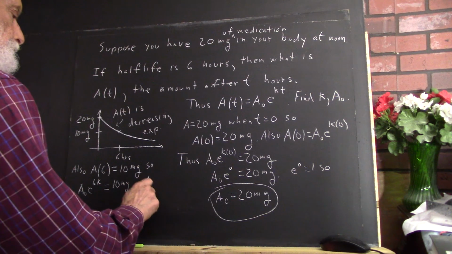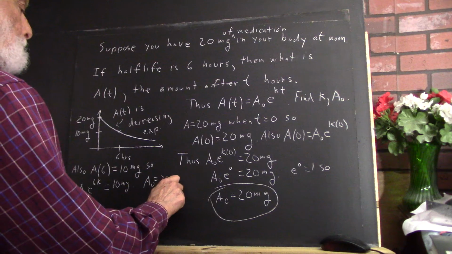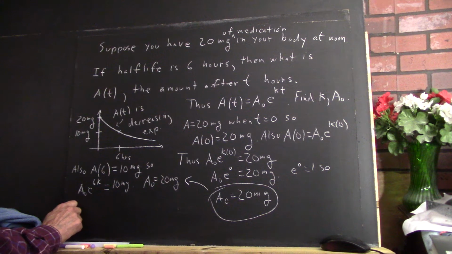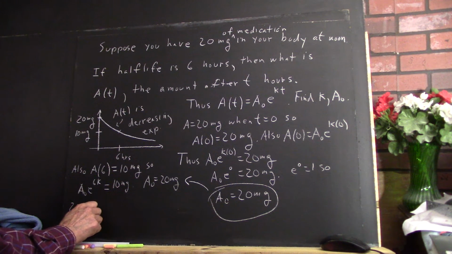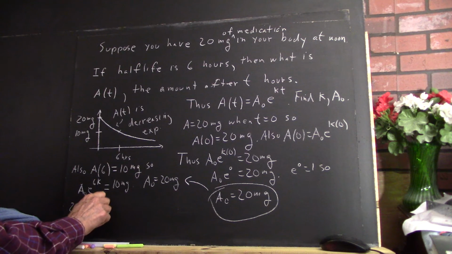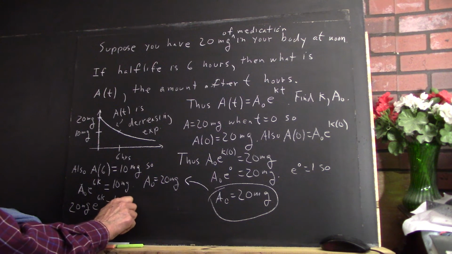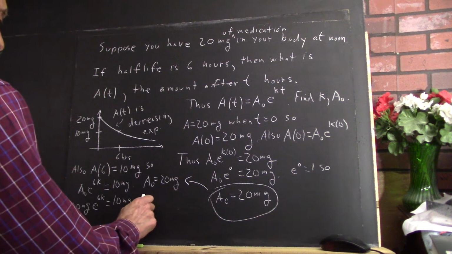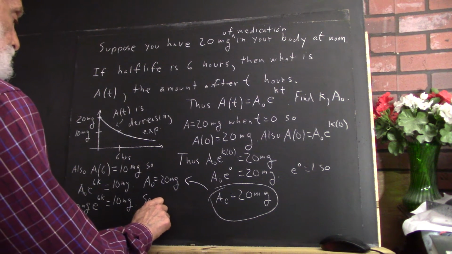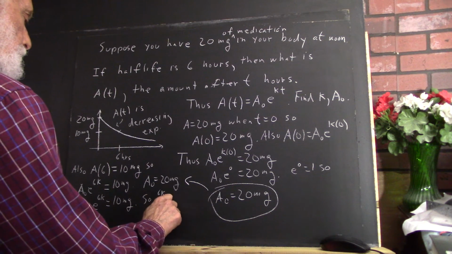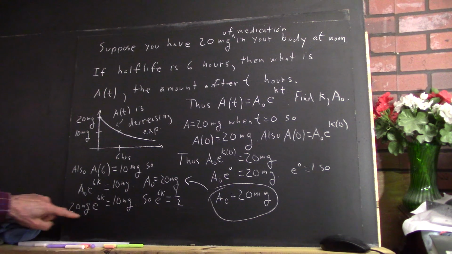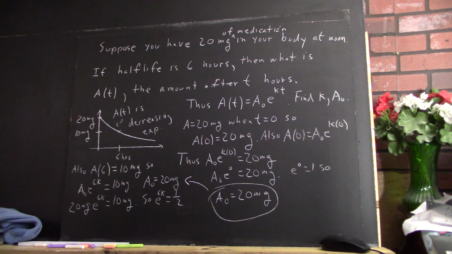Well, A0 is 20 milligrams as we found it, so now we know that 20 milligrams times e to the 6k is 10 milligrams. And I'm running out of room, so I'm going to have to bunch things up a little bit. Well then, e to the 6k, if you divide both sides by 20 milligrams, you get a half.